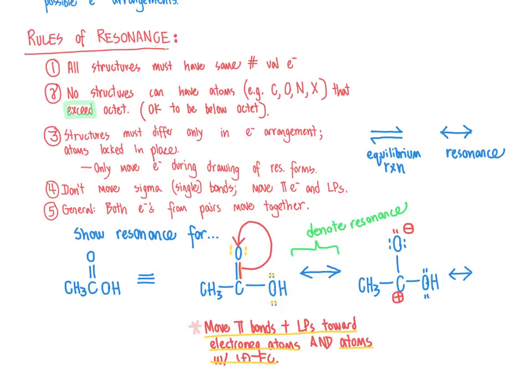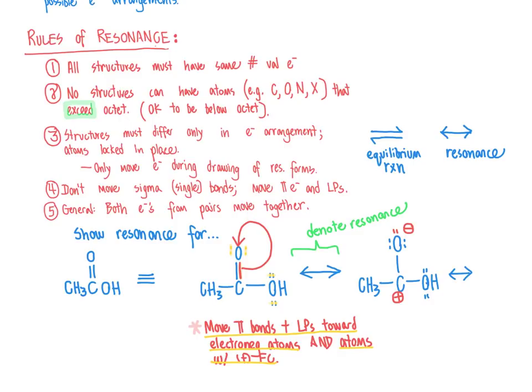One option is that we could take a lone pair from the oxygen and move it down here to make a pi bond, as I've shown with the red arrow that I just drew on that structure. However, if we do that, it's just going to revert us back to the starting structure that we drew on the left. So we want to make sure that we're drawing unique, new resonance structures rather than just repeating the same ones over and over again.